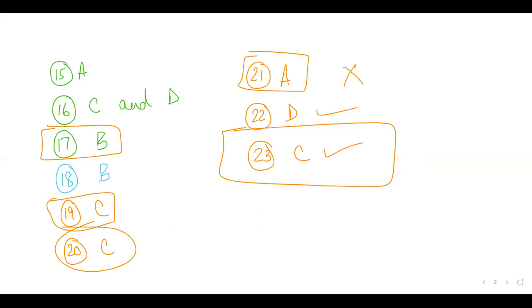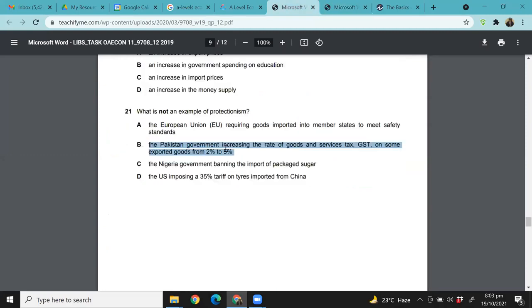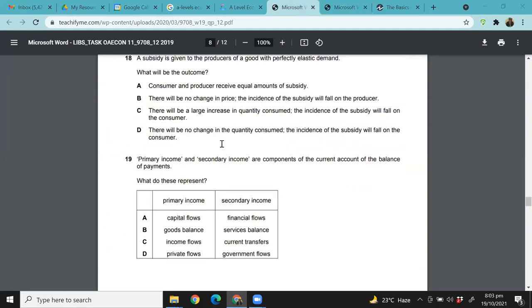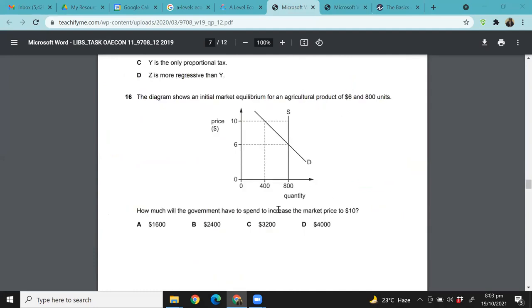You were saying C. I was saying D. So let's see 16. 16 is D. Okay. Now let me show you what question I'm talking about. Do you remember? We talked about this. So you took the difference, whereas I, right?